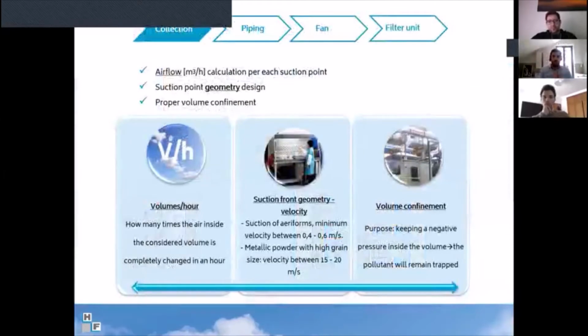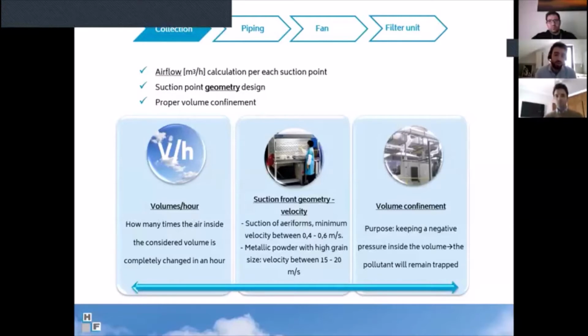First of all, we have to understand which is the request and which is the pollutant to be treated in our system. The first thing we have to understand during the design phase of a complete filtration system is the airflow we have to guarantee to each suction point.